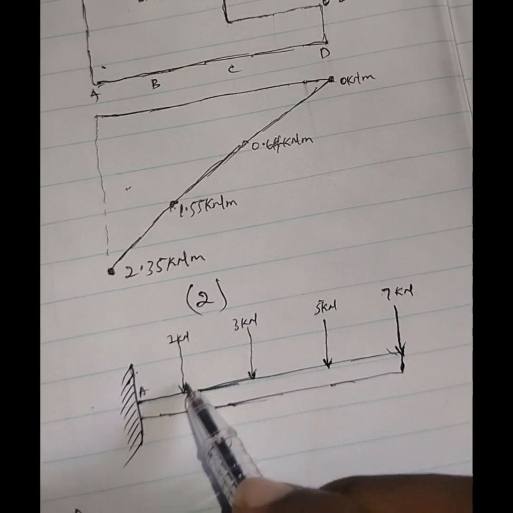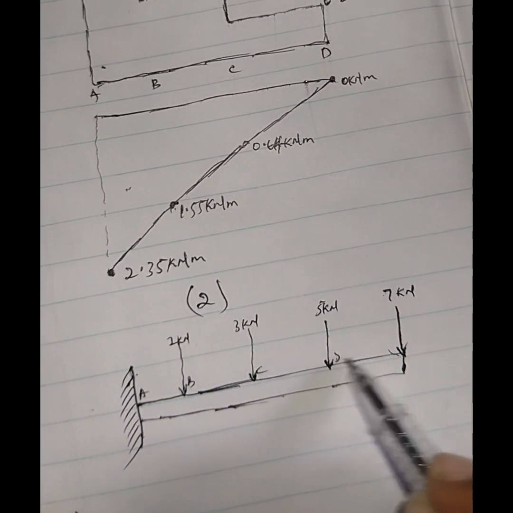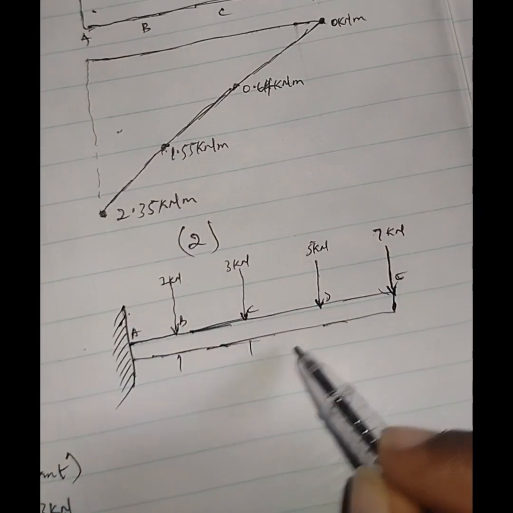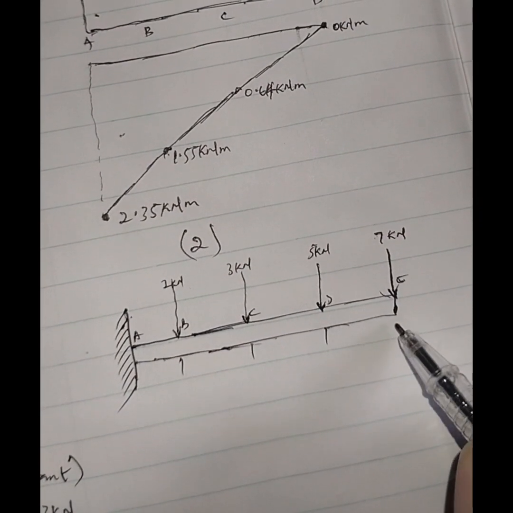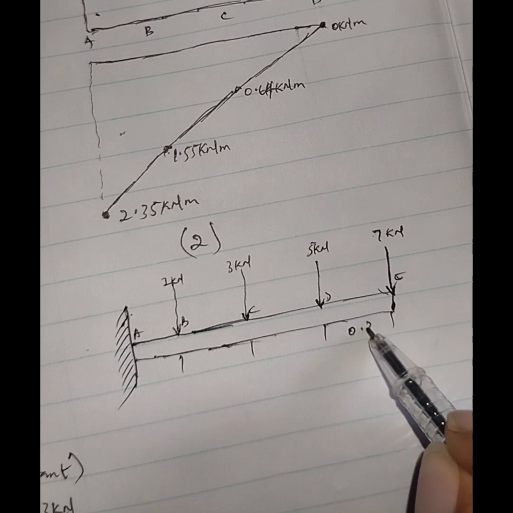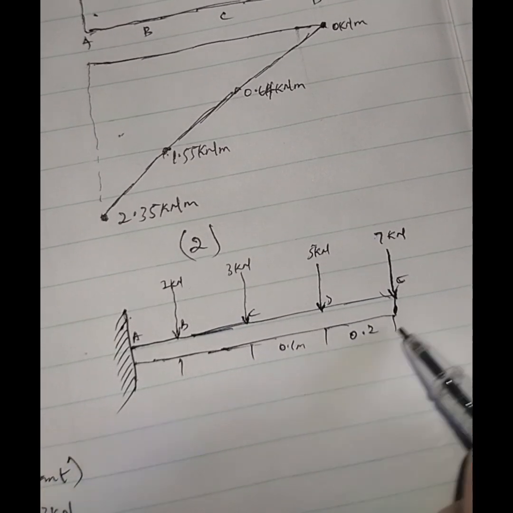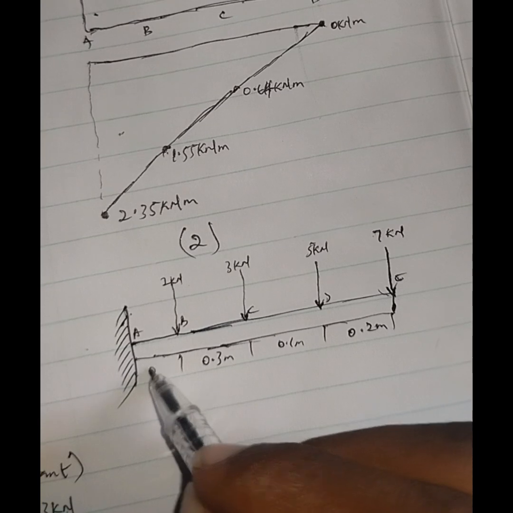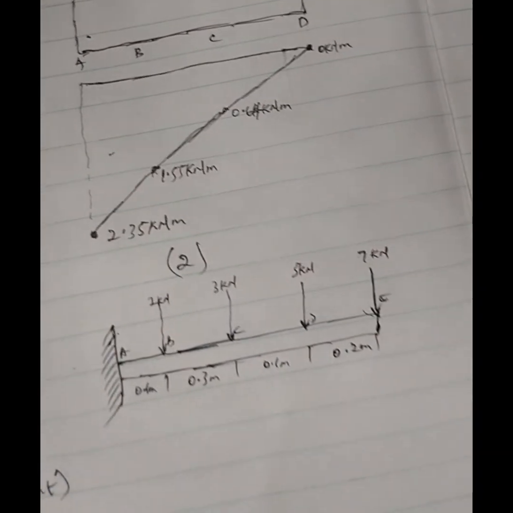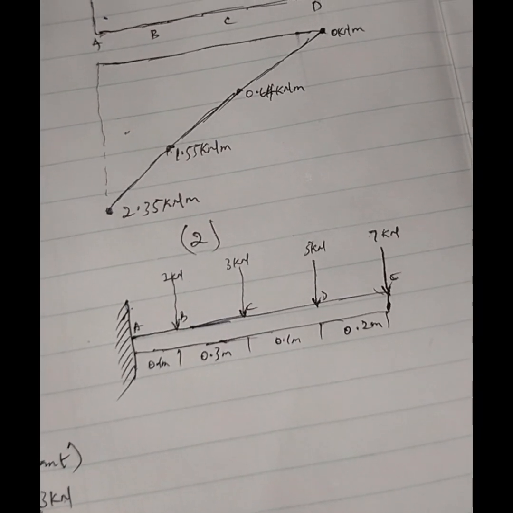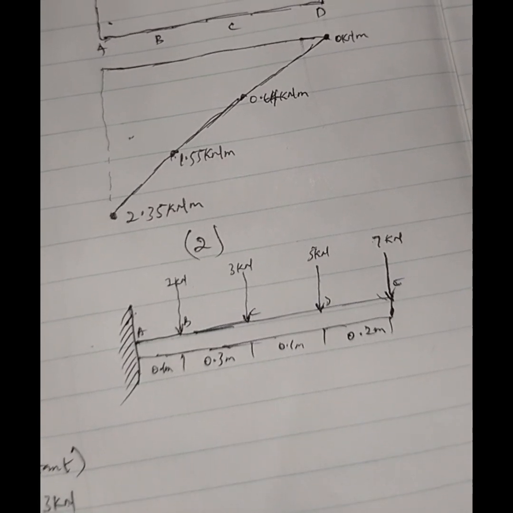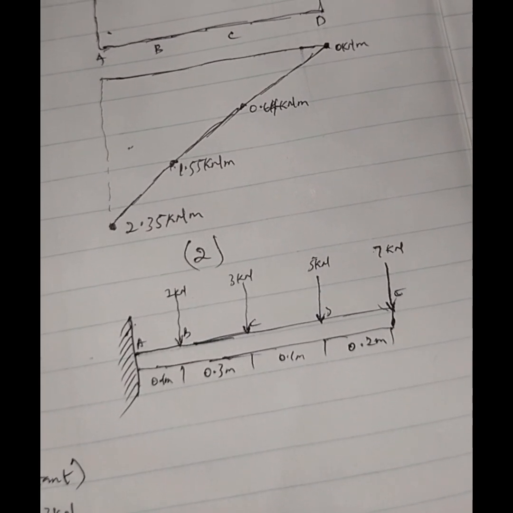So we have A, B, C, D, E. So here, and here. So I can say 0.2 meter, 0.1 meter, 0.3 meter and 0.1. So this is another question for us to solve. Find the shear force and bending moment and draw them and do it. Simple.